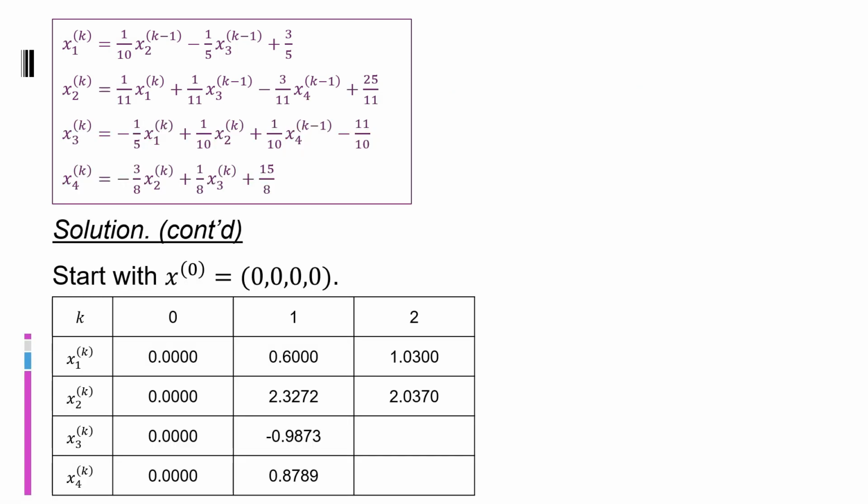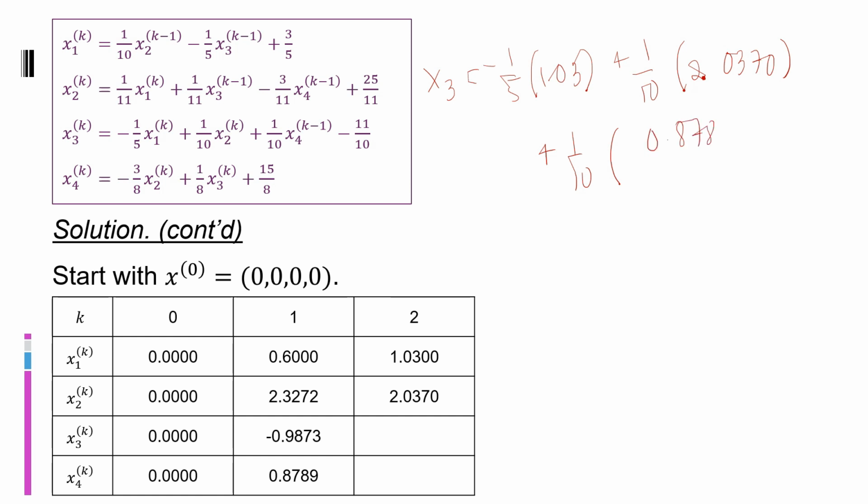For x sub 3, we have negative 1/5 times 1.03 plus 1 over 10 times 2.0370 plus 1 over 10 times 0.8789 minus 11 over 10.